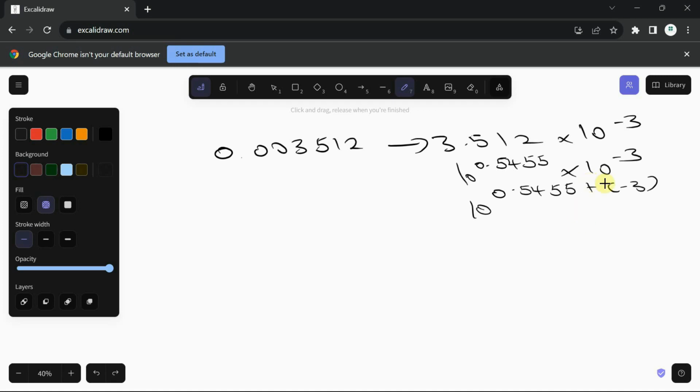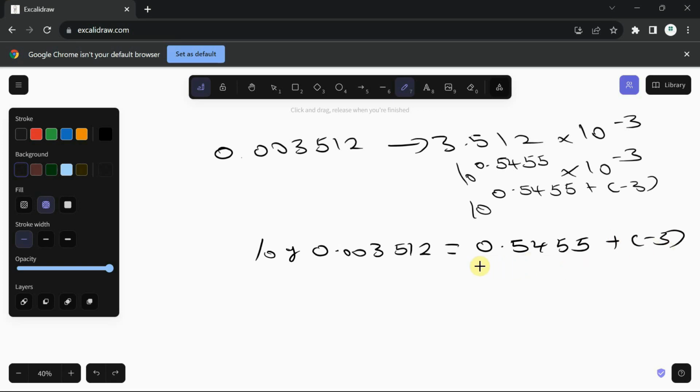So in logarithm like this, they don't do that addition when you have a minus 3. Whenever you're doing a number less than 1, you have to be very careful, right? So they just say the log of 0.003512 is equal to what? Just the top. This is 0.5455 plus minus 3, right?